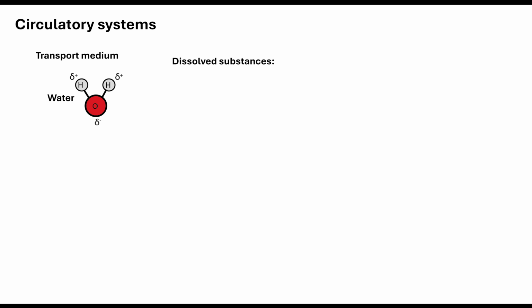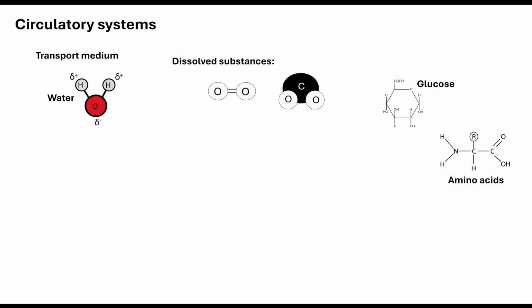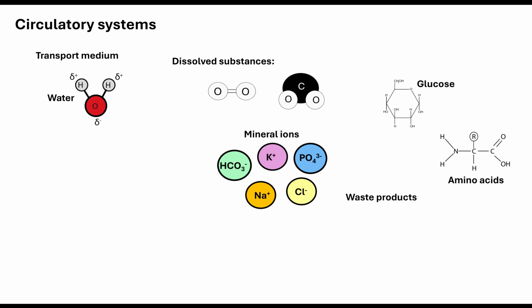Now, depending on which circulatory system that we're looking at, it could have dissolved gases in it like oxygen, carbon dioxide, but nearly all the circulatory systems do have the need to dissolve glucose, amino acids, mineral ions, and those waste products. So we're going to look at the difference between the circulatory systems and how they are efficient.